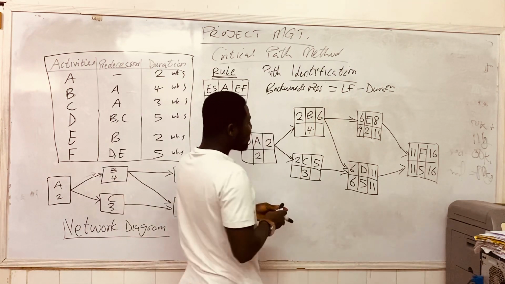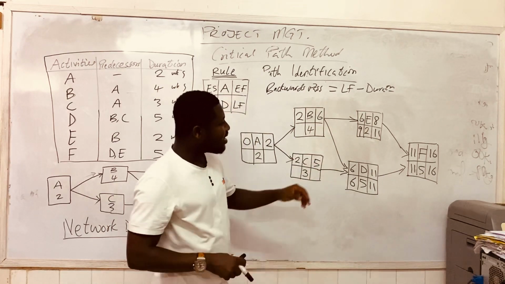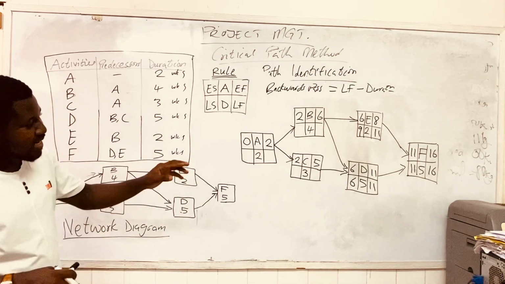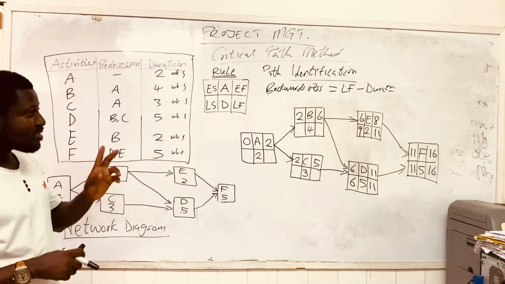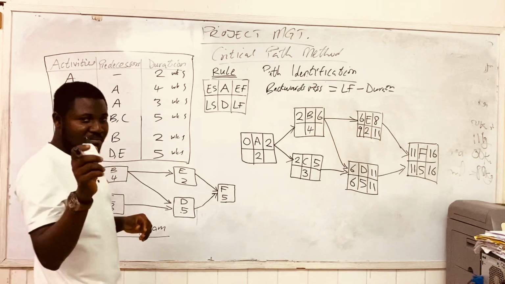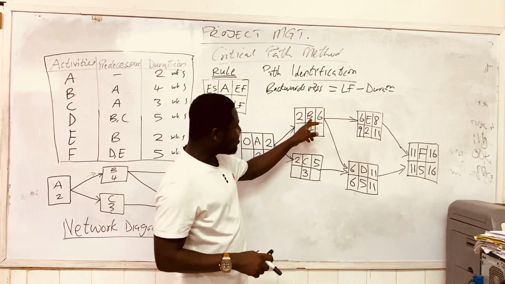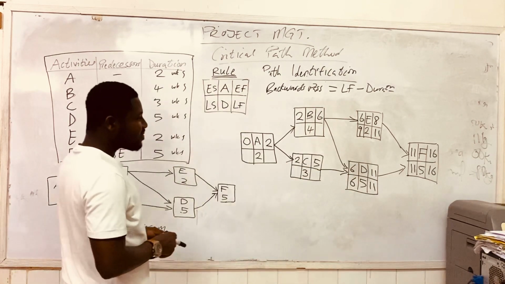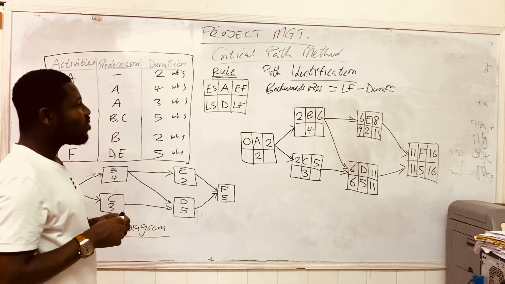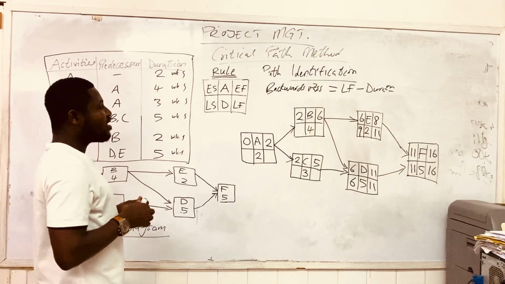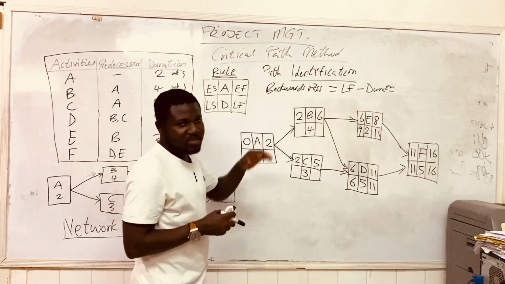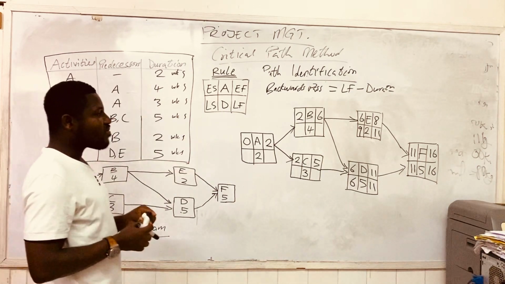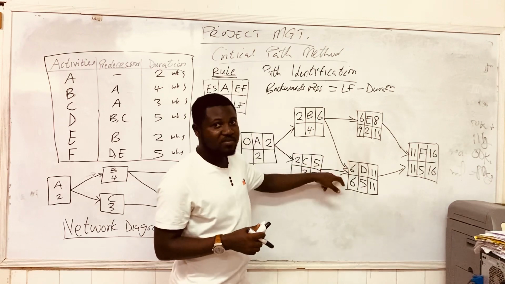So for E, E's latest start time is 9, and then D's latest start time is 6. But activity B is linked to activity E and activity D. In this case, talking about backwards pass, it is the smallest value of the linking activities that we have to use.